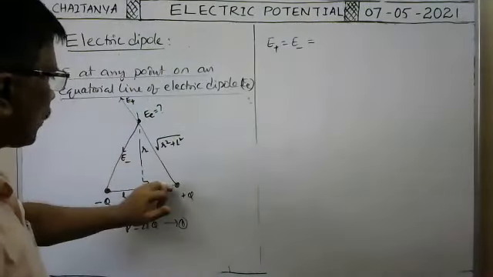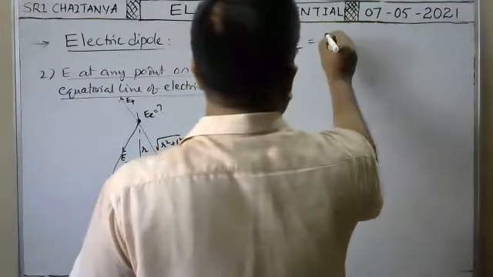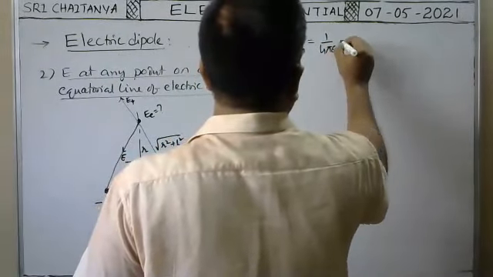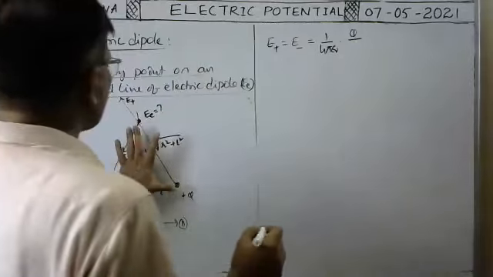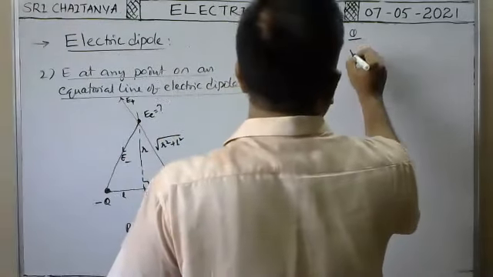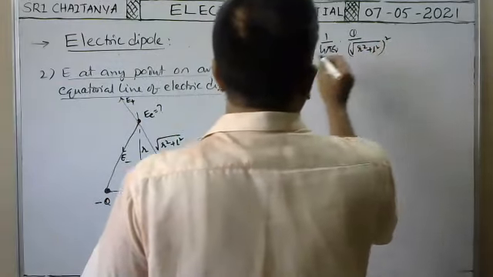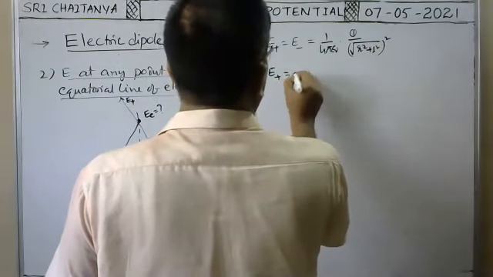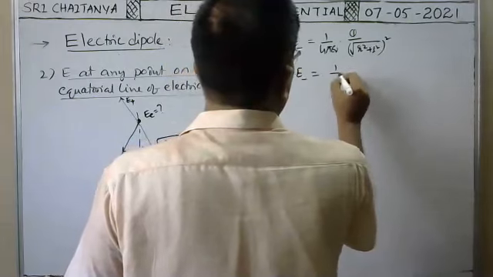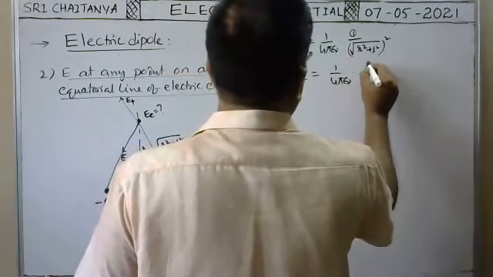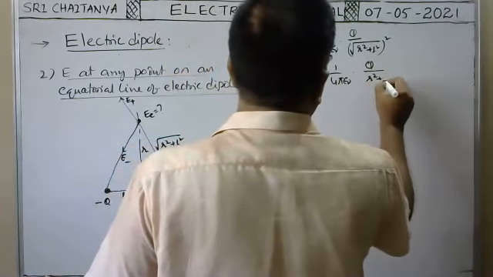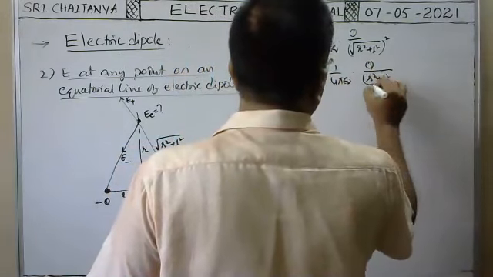Due to this charge, the intensity of electric field is 1 by 4 pi epsilon naught into charge q by distance square. Distance square means root of r square plus l square, whole square. Therefore, E plus is equal to E minus is equal to 1 by 4 pi epsilon naught into q by r square plus l square only.